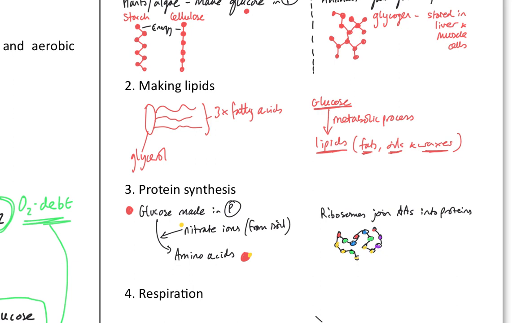But we have that, and basically little bonds form between these two here and that there and that there, and therefore I get a protein, and if I show it in its diagram form, that might look like that. Oh look, it's an enzyme, and this shape is its active site.